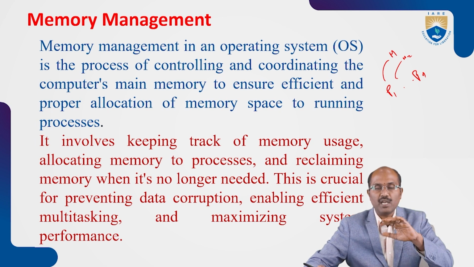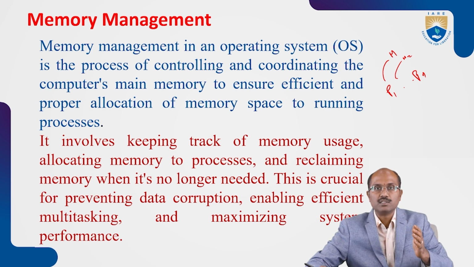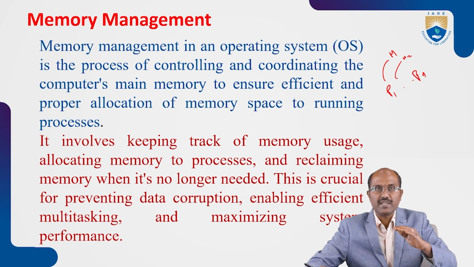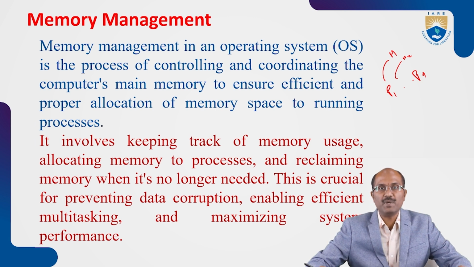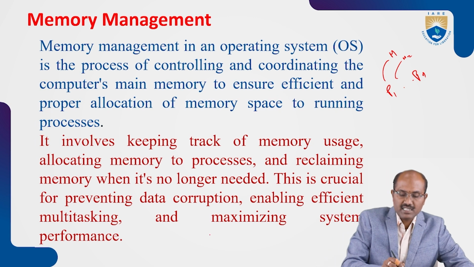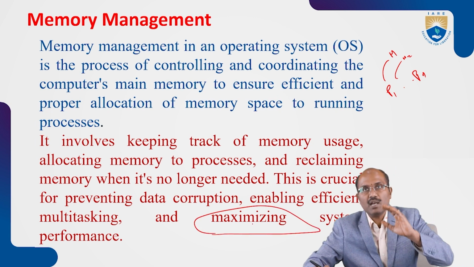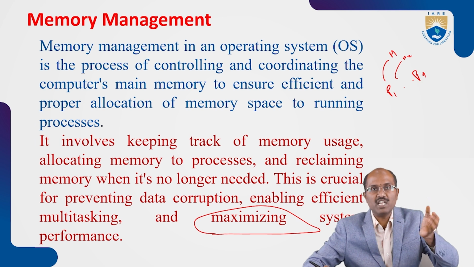If memory is not allocated properly, data could be corrupted. It also enables efficient multitasking and maximizes system performance, which depends upon memory management. Maximizing system performance is a very important and crucial part of memory management.